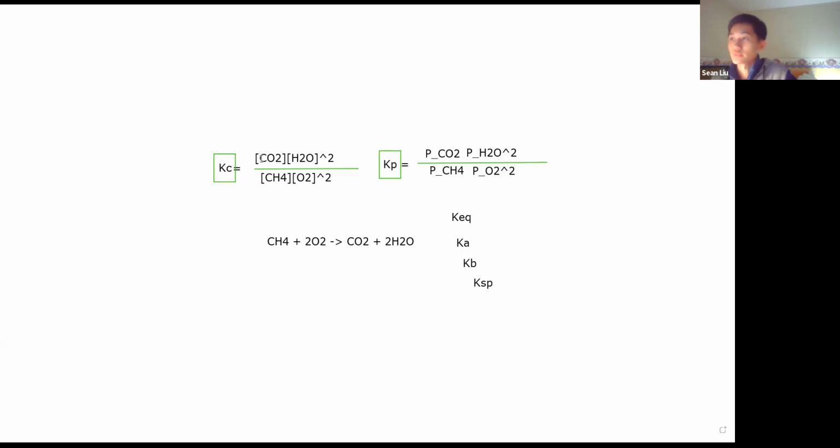Or for example, if I start out with some amount of CO2, some amount of H2O, I want to find what their values would be at equilibrium, then I would be able to use the K expression to do that. So that's what the equilibrium equations are for. They have a lot of predicting power, and that's what we're going to get to right now when we get to some problems.